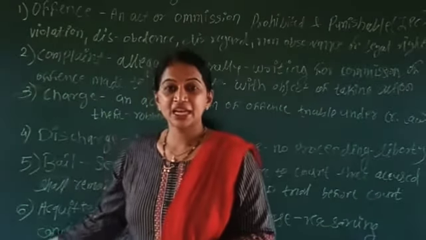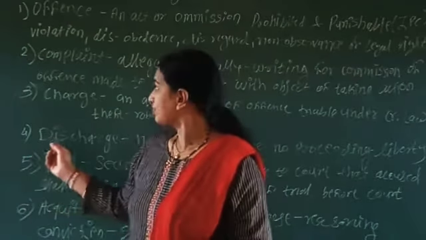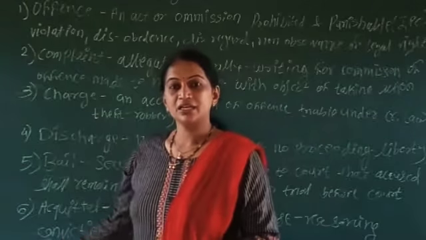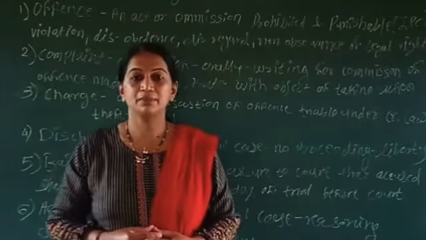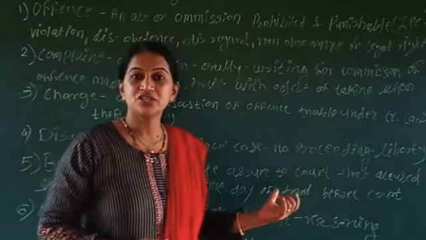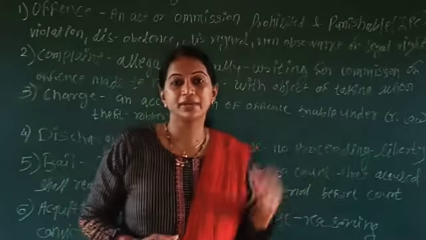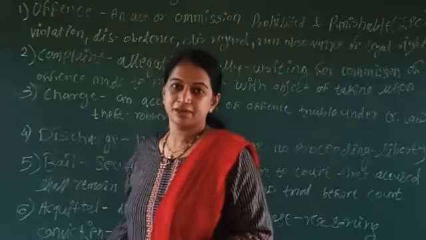It means that the accused person is found guilty of that particular offence charged against him, and the court makes an order of conviction because the case against him is proved beyond reasonable doubt, and at that time the court sentences him.